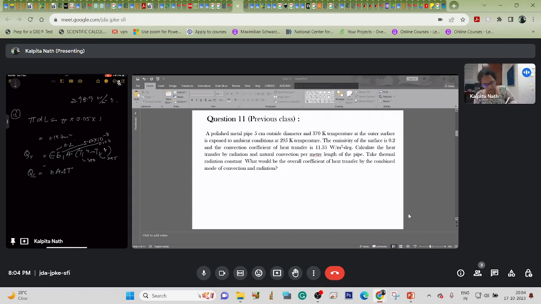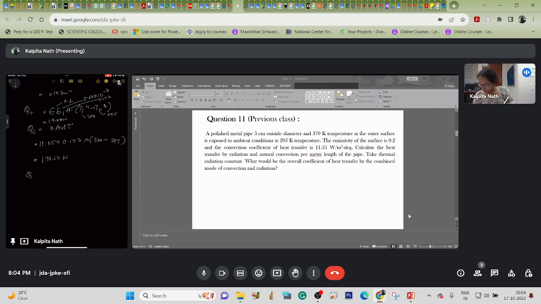So this will come about 19.88 watt. Now H A delta T, this is 11.35 into 0.157 into (370 minus 295). This is 133.64 watt.